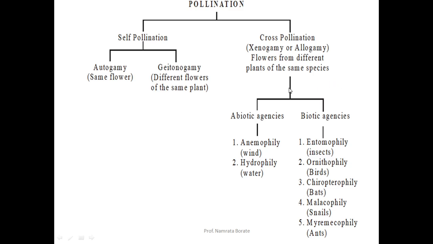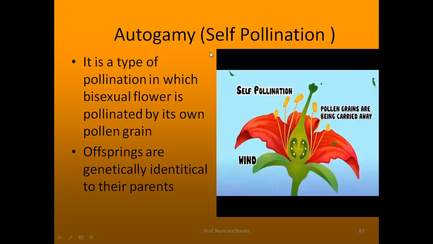So let's start the further part, the first one, autogamy. Autogamy is also called self-pollination. It is a type of pollination in which a bisexual flower is pollinated by its own pollen grain.